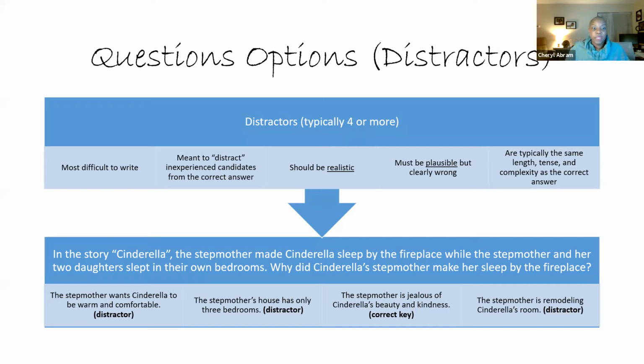Distractors should be realistic and plausible, but clearly wrong compared to the key, the correct answer. And they are typically the same length, tense, and complexity as the correct answer. Now, here are the distractors for why did Cinderella's stepmother make her sleep by the fireplace?